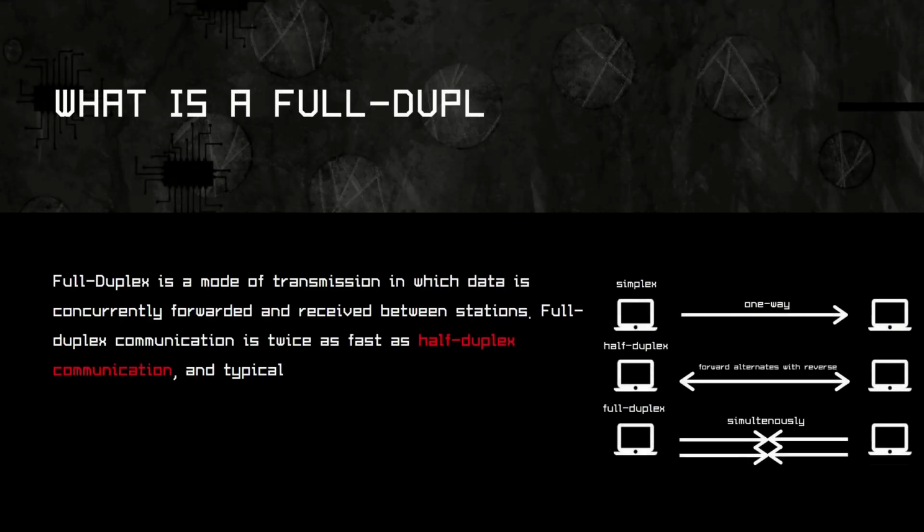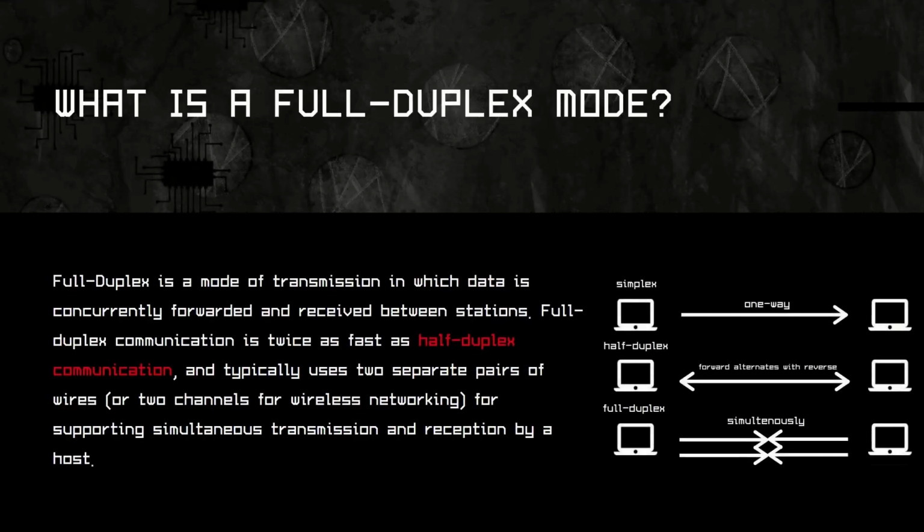As I mentioned here, what is full duplex mode? Let's see what full duplex mode is. Full duplex mode is a mode of transmission in which the data is concurrently forwarded and received between the stations.